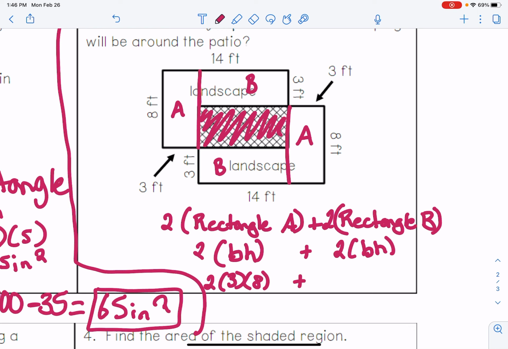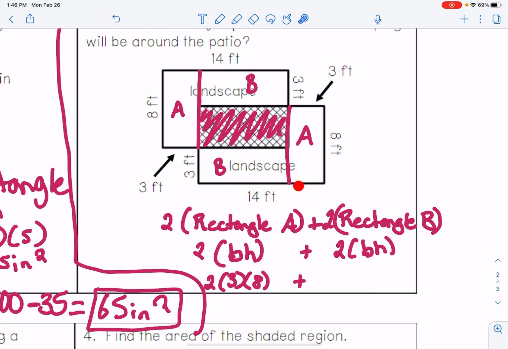Now let's look at rectangle B. It looks like we've got 3, but we don't have a length for rectangle B. This 14 goes all the way across, and it includes this extra bit here. So we need to figure out what is just rectangle B. How much do we need to take away to get this length?